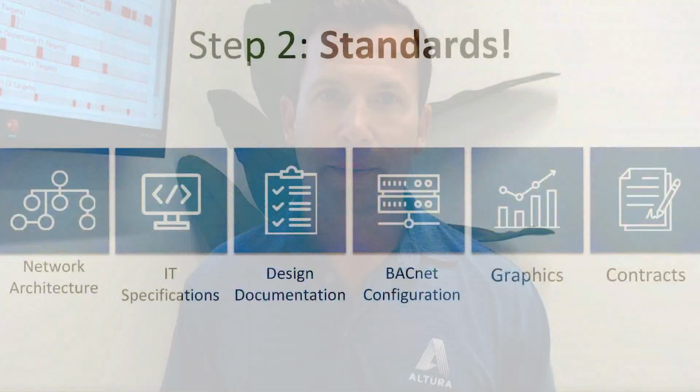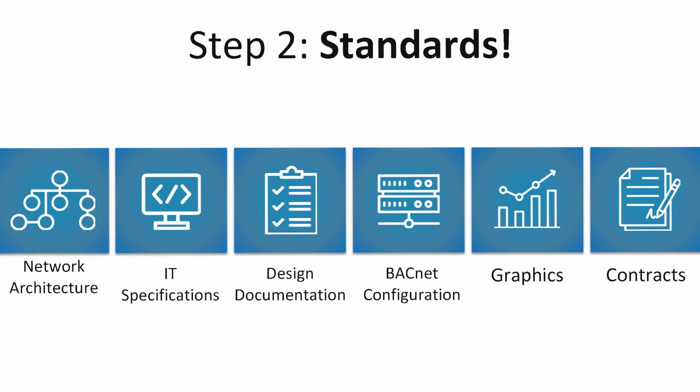And as I've mentioned thus far throughout the presentation, standards. All of these enterprise systems are built on standards. That gives us the flexibility to adapt to different markets and different technologies if we have great standards. First and foremost, it's that network architecture standard.